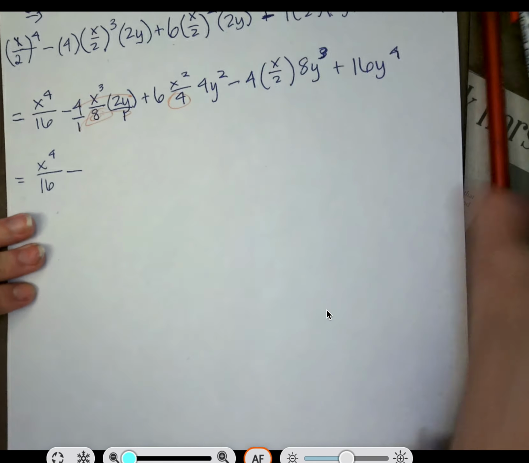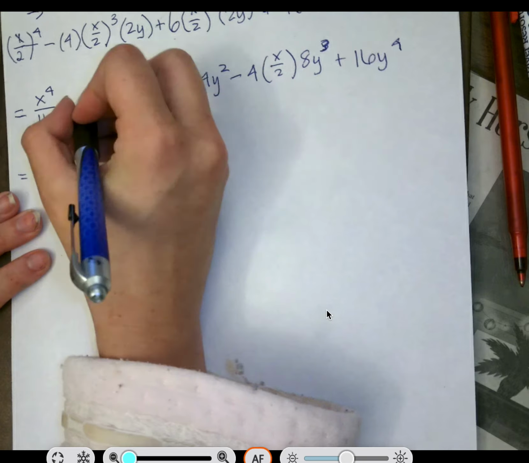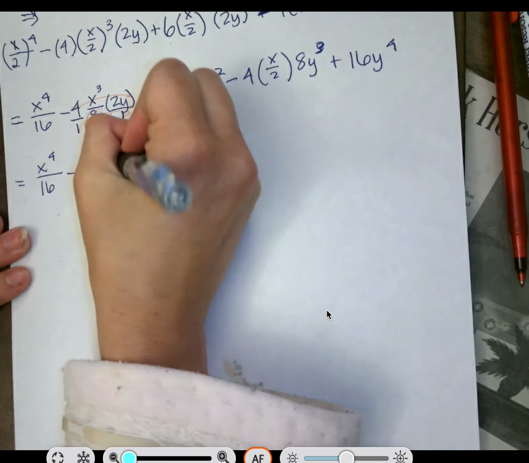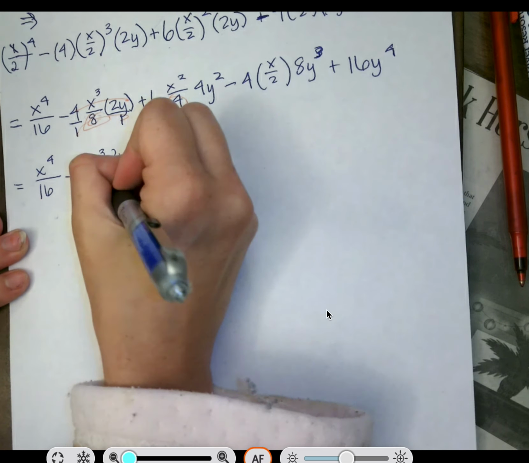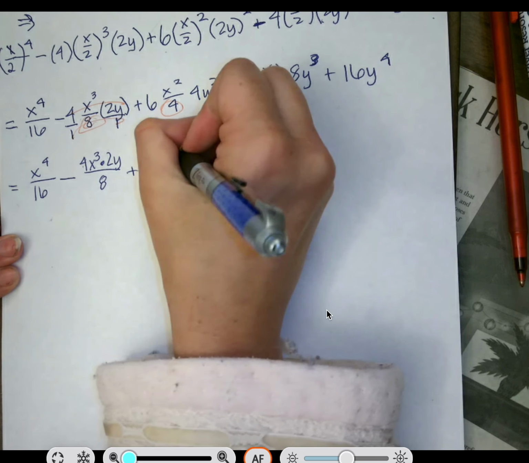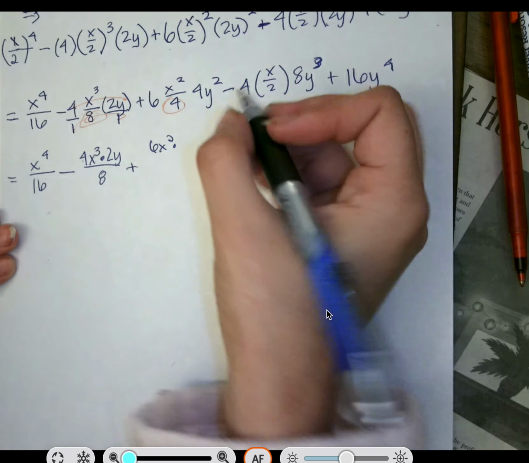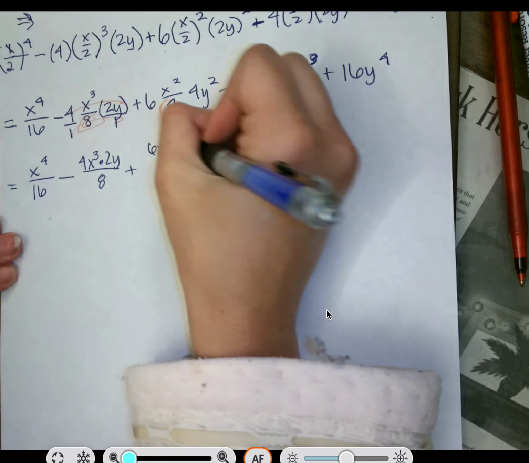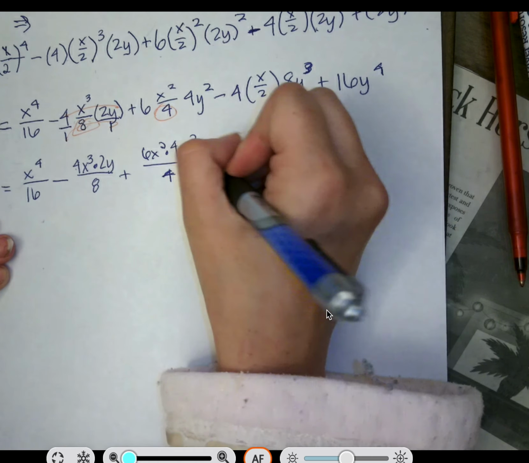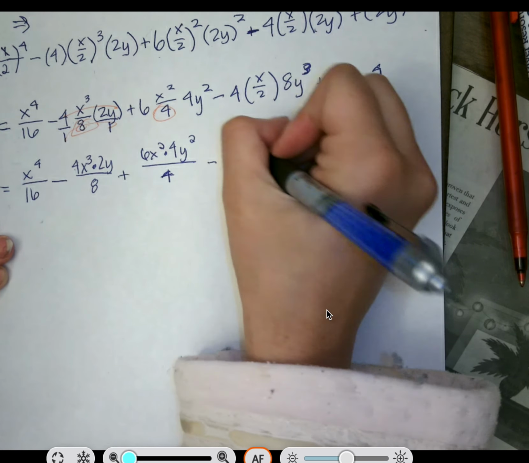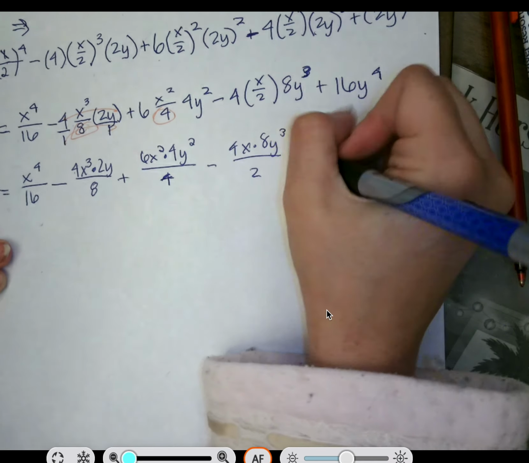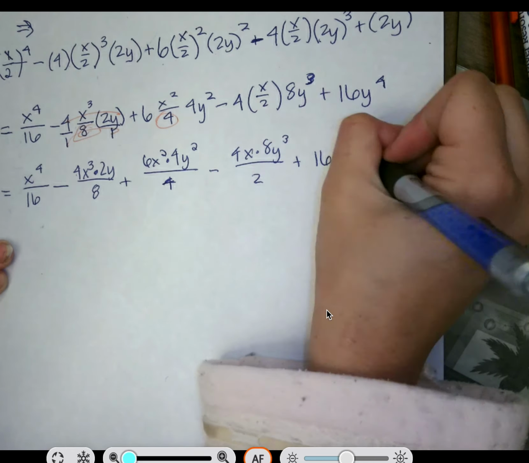So that's 4x cubed times 2y over 8 plus 6x squared times 4y squared over 4 minus 4x times 8y cubed over 2 plus 16y to the 4th.